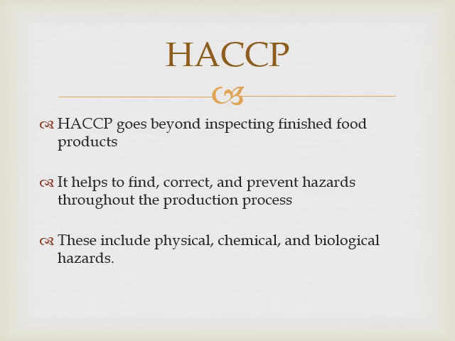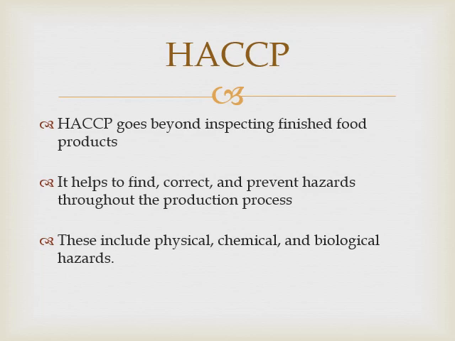So the idea is that it sort of goes beyond just a final inspection of the food. It looks at the whole process, right, and tries to identify potential hazards and prevent them and fix them or prevent them from happening again. So those hazards can be physical, chemical, biological, if a piece of metal gets into the food, or if bacteria are growing in the food, or if a cleaning chemical wasn't properly rinsed before food was put through the machine, that kind of stuff.